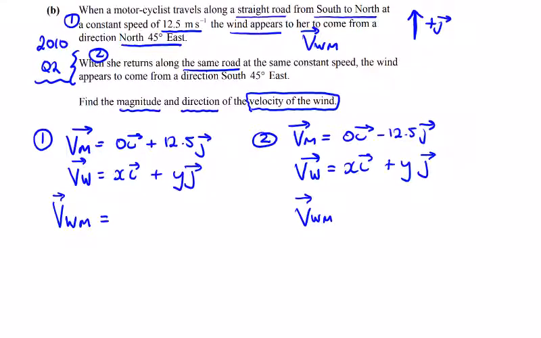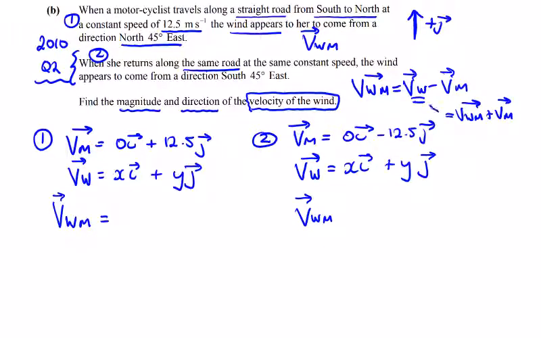And we need to understand that the velocity of the wind relative to the motorcyclist is equal to the velocity of the wind minus the velocity of the motorcyclist. So we're going to be looking for the velocity of the wind, so we have to add the velocity of the wind relative to the motorcyclist to the velocity of the motorcyclist.